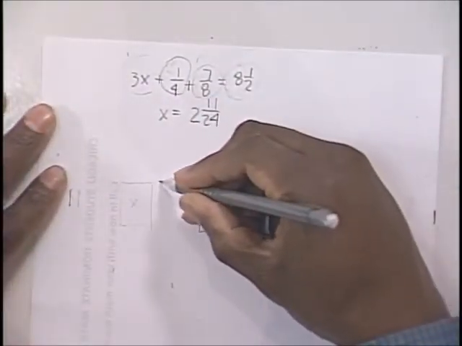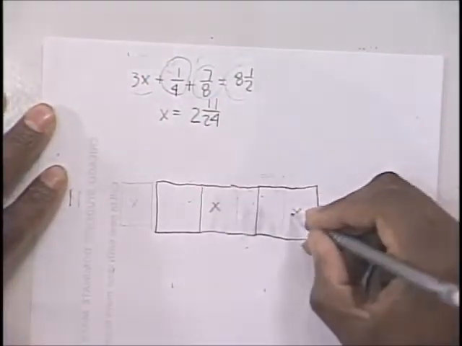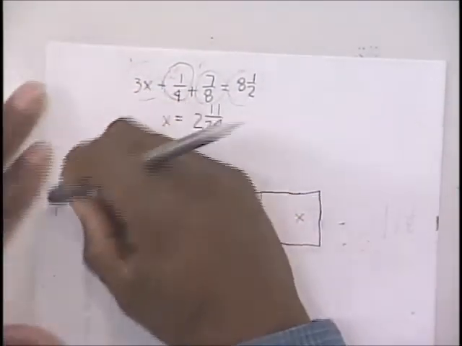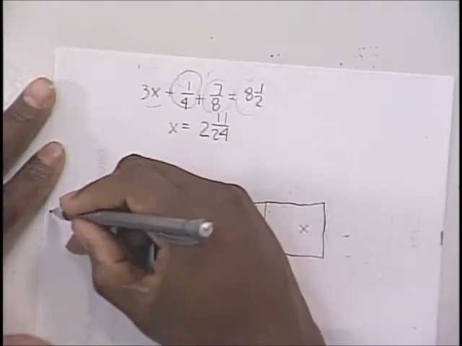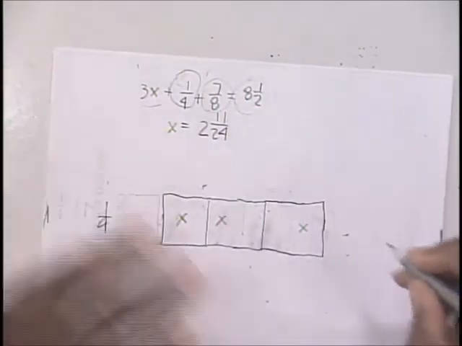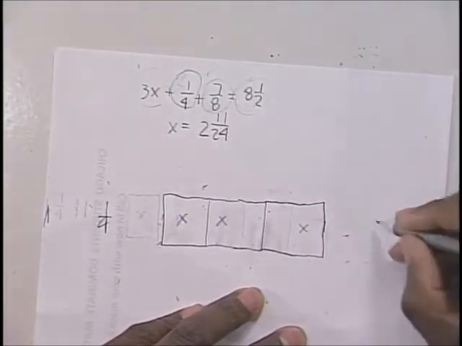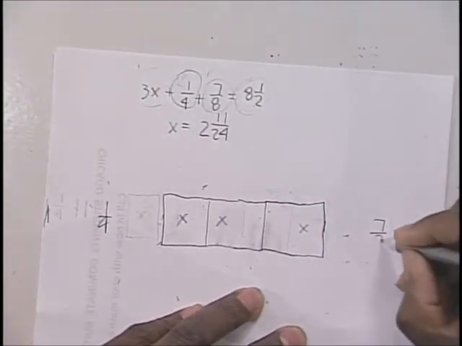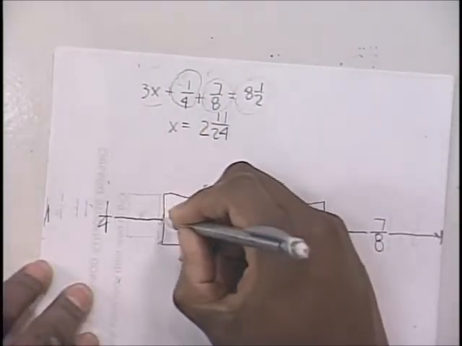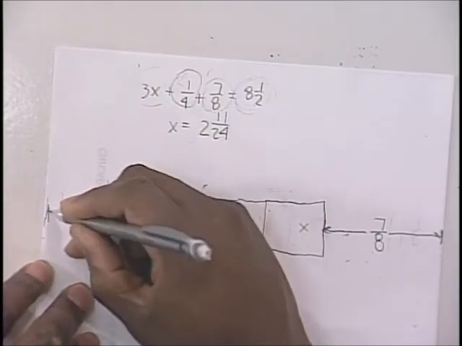Sorry about that. So that's x, and that's x. Let's say that this border is 1/4 from here to here. And this border from here to here is 7/8. Again, that's 7/8 from there to there. And this border from here to here, let's say that's 1/4.